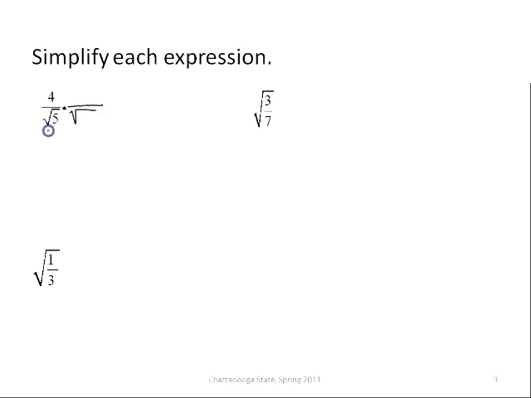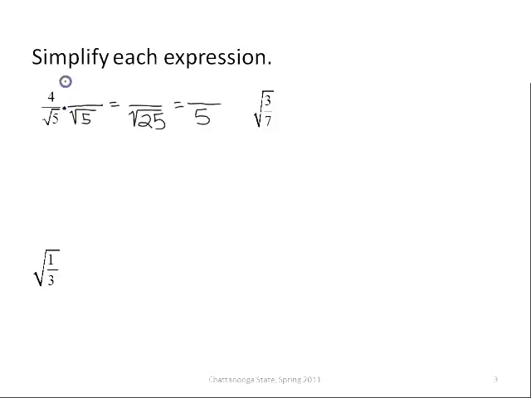So if we already have a square root of 5, if we multiply it by another square root of 5, that would give us a square root of 25. And then the square root of 25 can come out of the radical and become just a 5. So this is the process that we're going to be using.